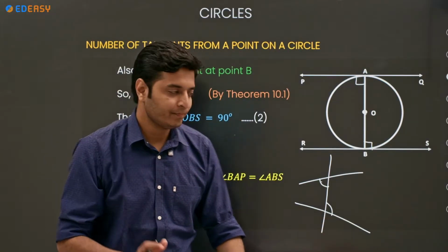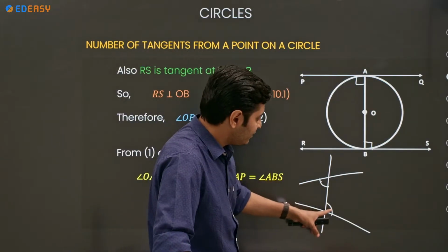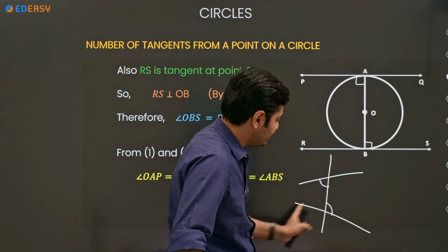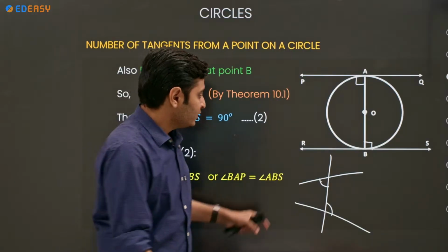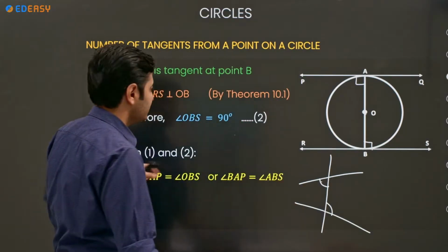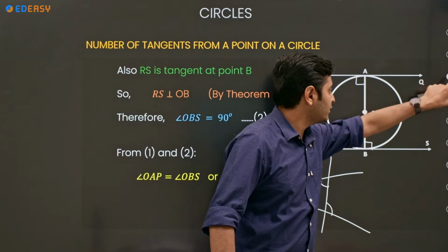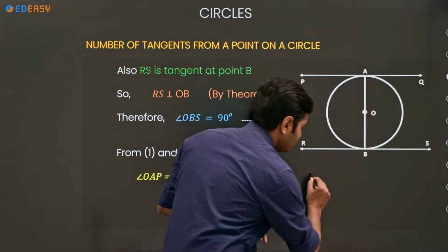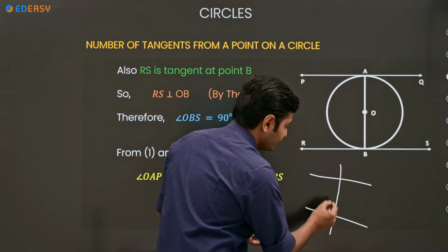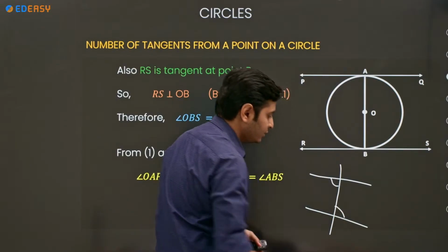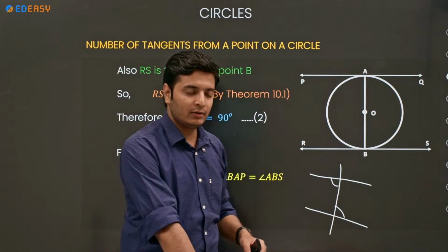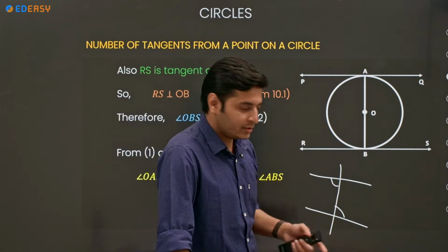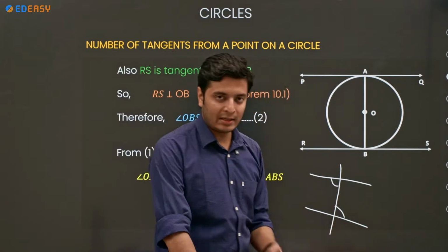Or the converse: if the values of these angles are not equal, then you can simply state that the lines are not parallel. How about if we are able to prove, let me draw the figure again, that somehow these two angles are equal? Then it follows that these two lines are parallel to each other.